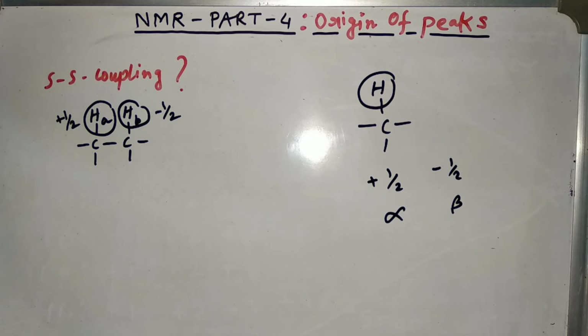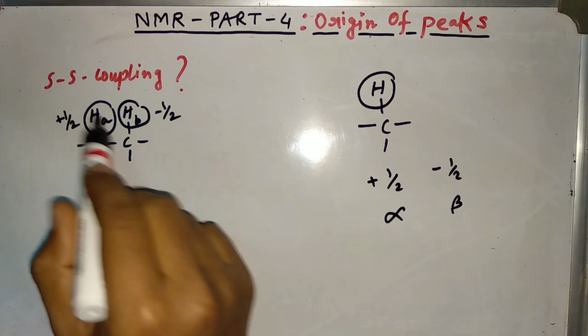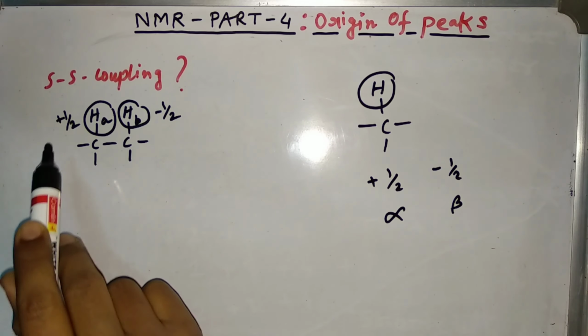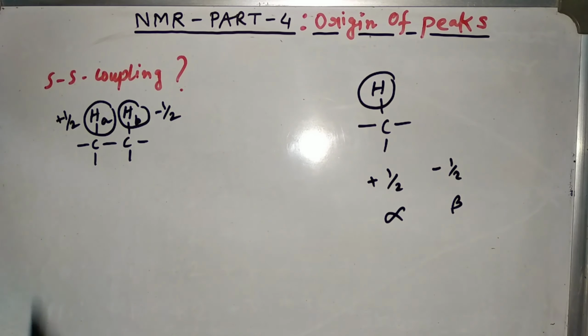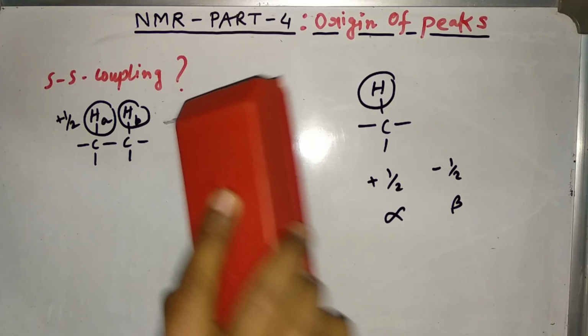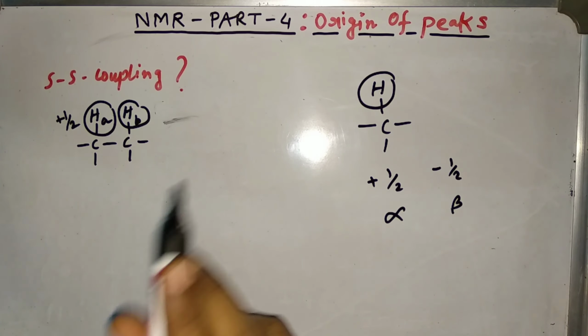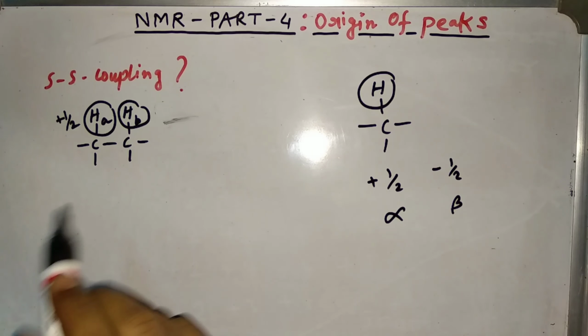Or you may think that this one shows plus up and another shows plus up. I'm just considering that this shows plus up and this has minus up, or you may consider only this shows plus up. So if we apply the magnetic field, what will happen?